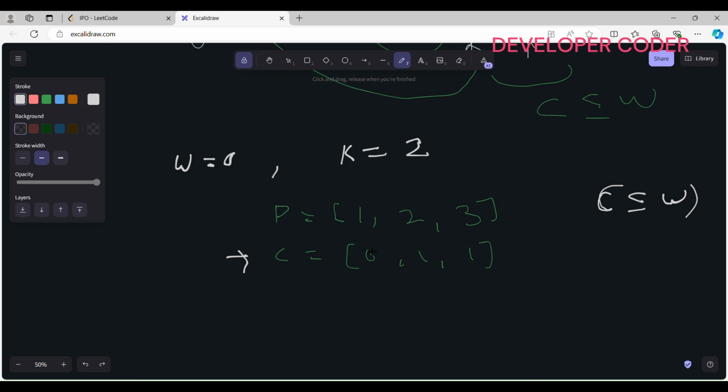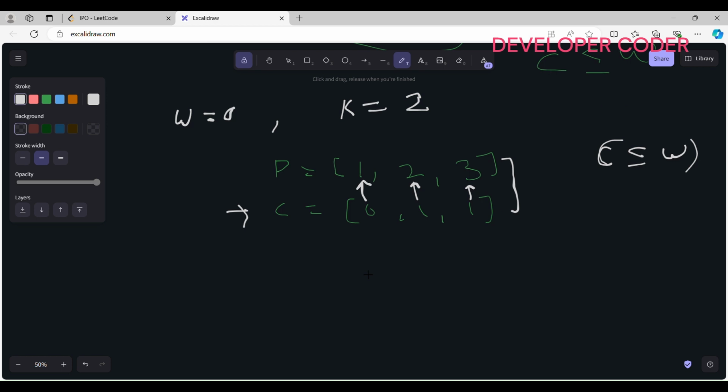If I sort this capitals array, then the index is going to change, because for this capital this is the profit, for this capital this is the profit, and for this capital this is the profit. So the indices for my profits will change as well. So what I'm going to do here is make a pairing of all the projects.